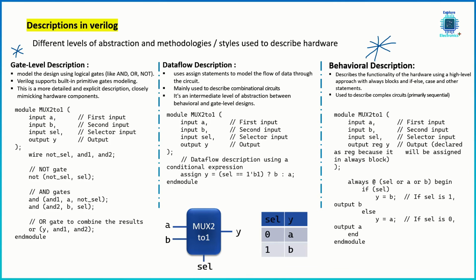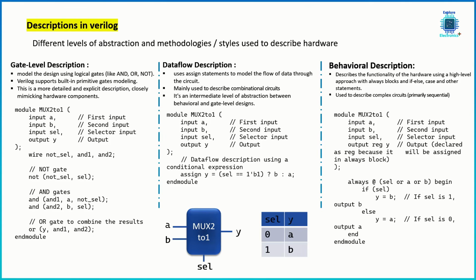If you look at the gate level description written for the 2:1 mux here, this 2:1 mux has A and B inputs, a select line as input, and Y as output. To implement this 2:1 mux in Verilog code, to get the hardware of a 2:1 mux, there are many different ways to write it. One is by using gate primitives like this.